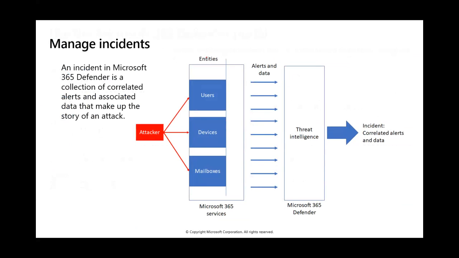For instance, security defenders can see where the attack started, what tactics were used, and how far the attack has gone into the network. They can also see the scope of the attack, like how many devices, users, and mailboxes were impacted, and how severe the impact was, and other details about affected entities.